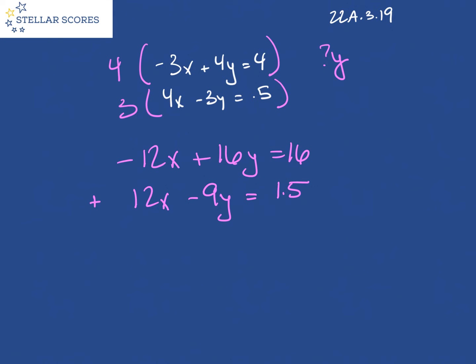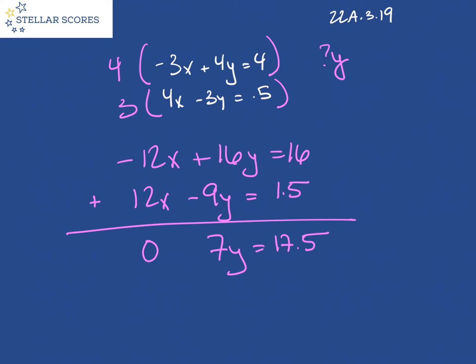When I add these two equations together, my x's drop out, right? Negative 12x plus 12x is 0. Negative 16y minus 9y is going to be 7y. And then 16 plus 1.5 is going to be 17.5. Cool, look at this. I've got my y. Now I just need to figure out what it is.